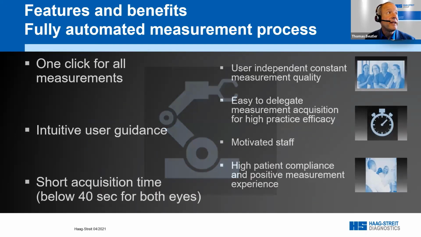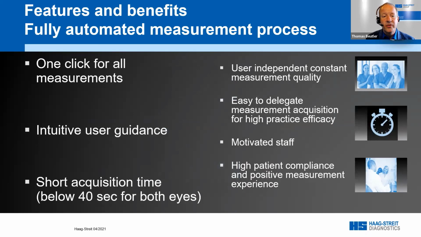Then, last but not least, the fully automated measurement process. Let's talk a little bit about this. So we can acquire all this data with one single measurement. And for both eyes, the measurement from the time the patient goes into the headrest till he's released, it's below 40 seconds. So it's almost nothing.